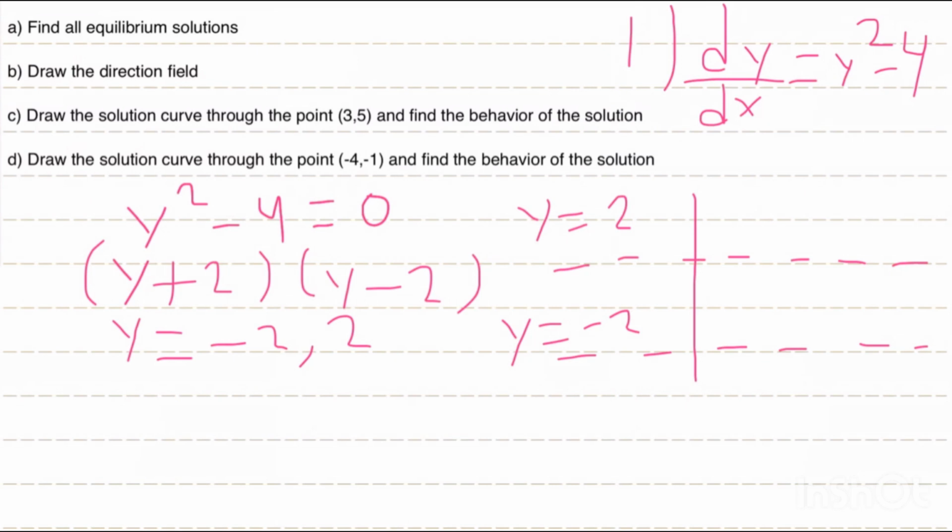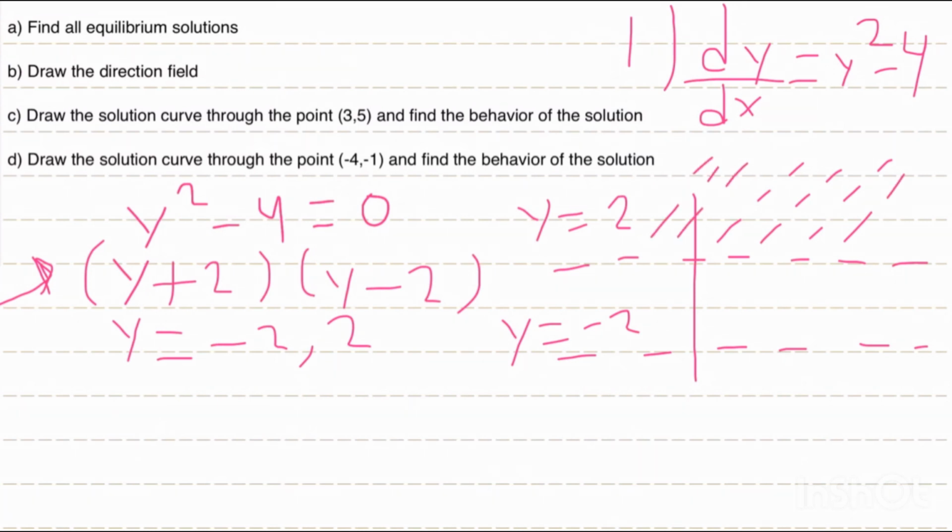So we're going to look above y equals 2. Let's say y equals 3, and we plug it into dy/dx. So 3 plus 2 is positive, 3 minus 2 is also positive. A positive times a positive gives you a positive, so our slope here is positive. So we're going to draw a positive slope.